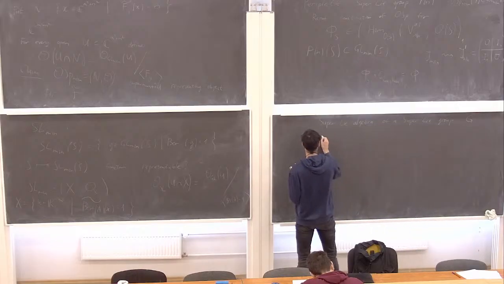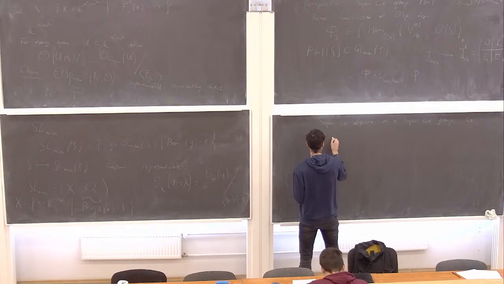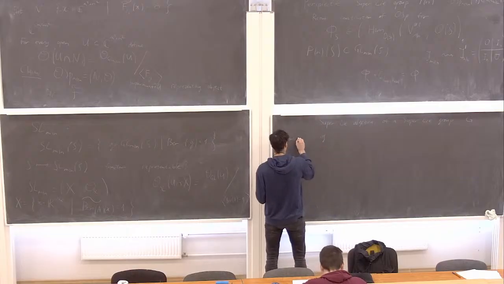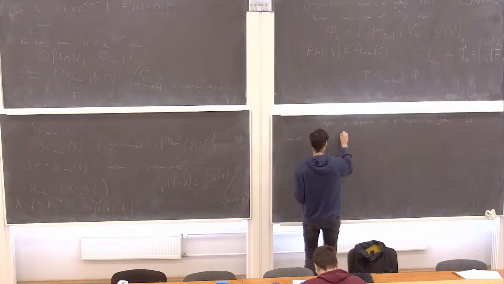So we consider the super vector space g, which is just the tangent space at identity.